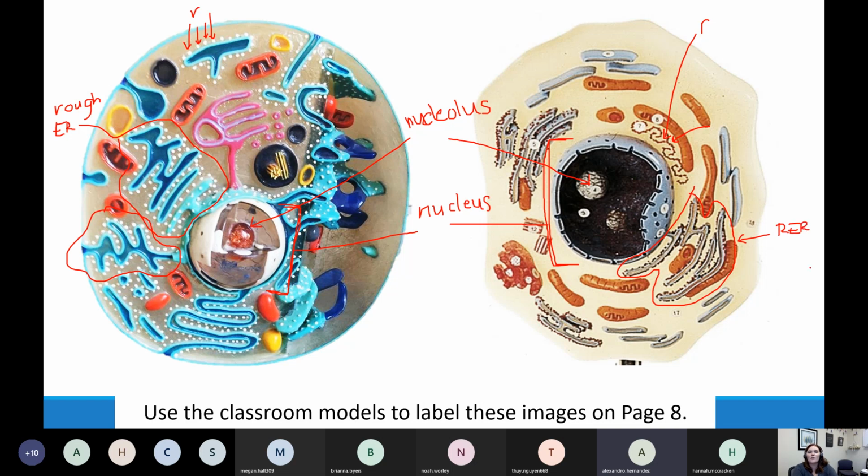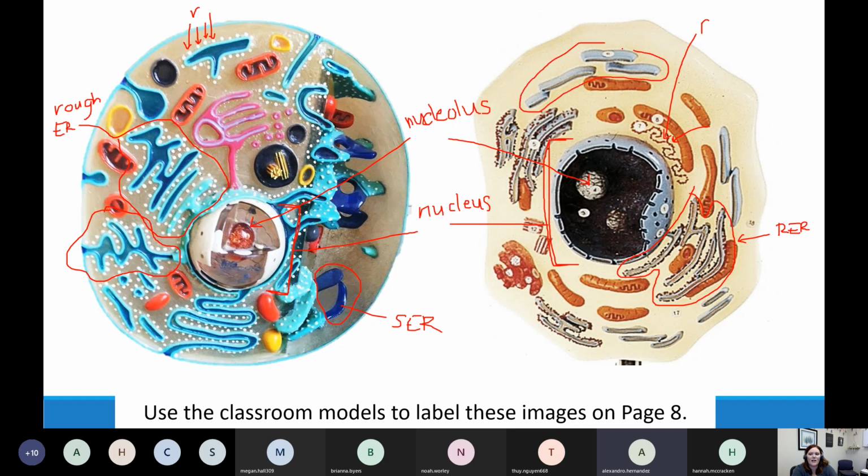When we're talking about the smooth ER, it looks just like the rough ER, except it doesn't have ribosomes on it. Full disclosure, I don't think that the cell on the left really has good smooth ER. Some people will say that this is supposed to represent the smooth ER down here because it has no ribosomes on it. If I'm going to ask you about the smooth endoplasmic reticulum, full disclosure, I'm going to use this right here.